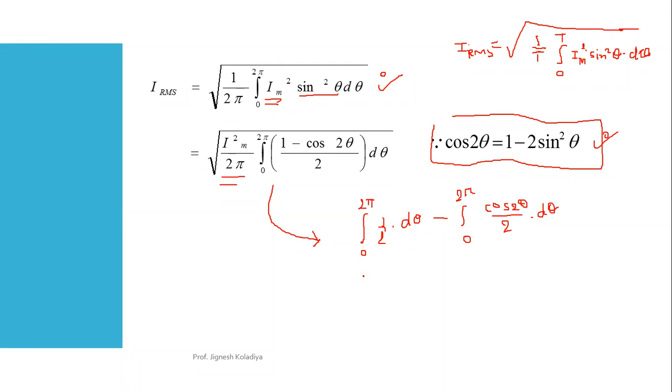So I have 1 by 2, integration of d theta is theta. Here 0 to 2 pi is the limit, minus again 1 by 2 is constant, so I can write like this. Integration of cos 2 theta is what?